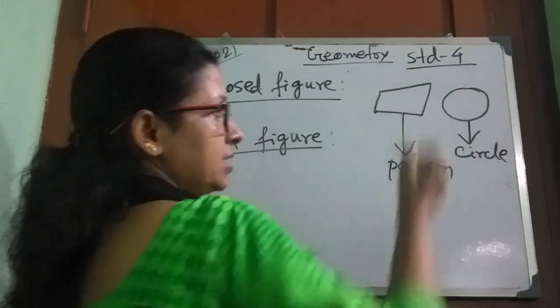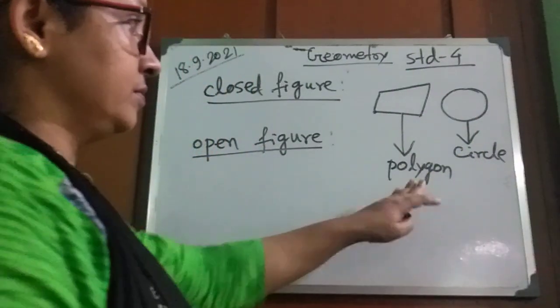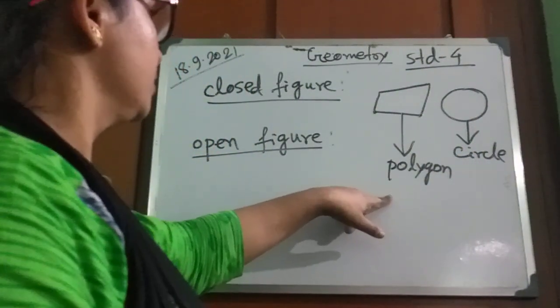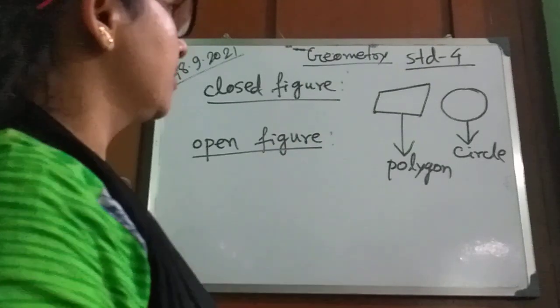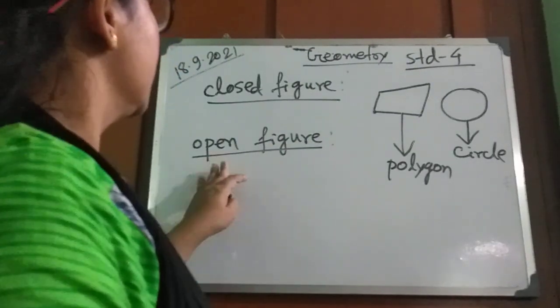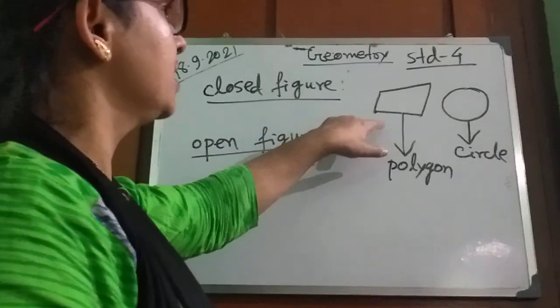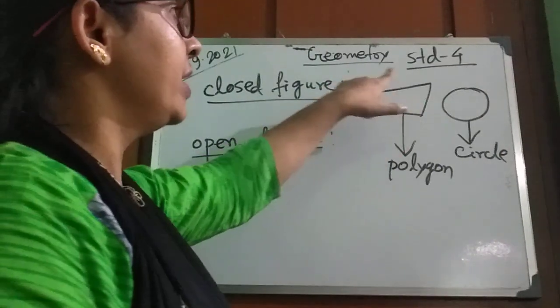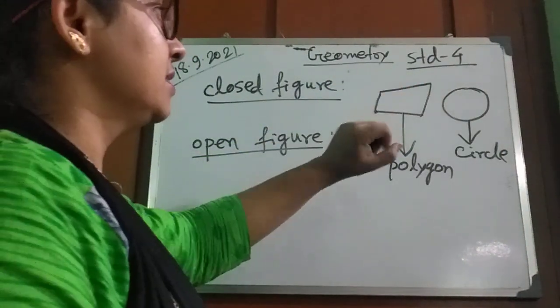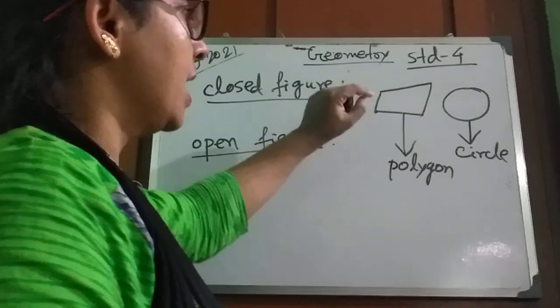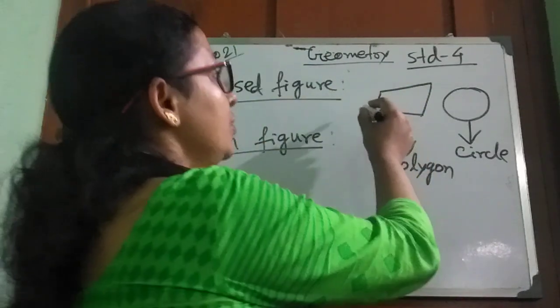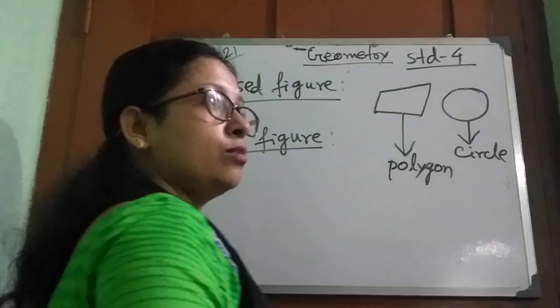I will explain this also after a few times, after the different kinds of figures. Here, closed figure means a figure which is bounded by line segments or curved lines. These are closed figures. And when any closed figure is bounded by line segments, this is called a polygon.